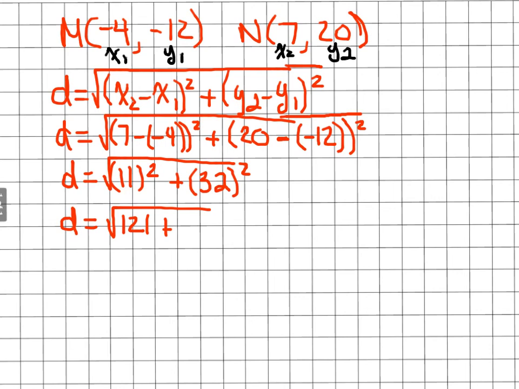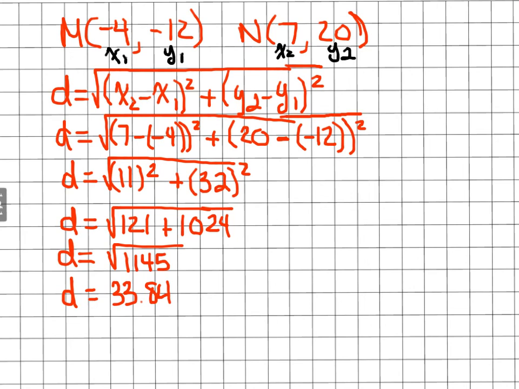So 32 squared is 1,024. So I'm going to add 121 and 1,024, and I get 1,145. And I take the square root of that number and I round it to 2 decimal places. I have 33.84.